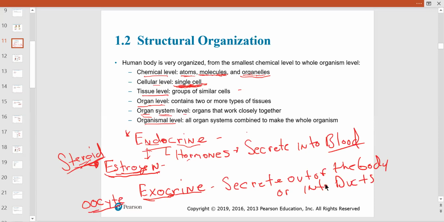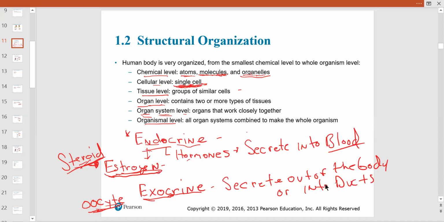And females get about 400 to 500 viable eggs that can be fertilized in their lifetime. So estrogen is released, and that's really important for all female development, all ovulation, making follicles, making oocytes. Estrogen is the queen of all female hormones.